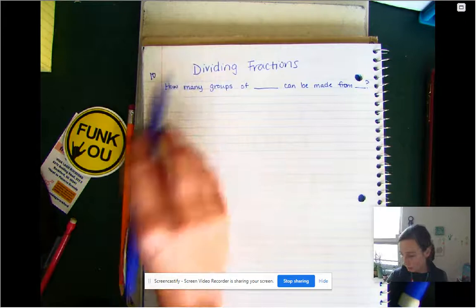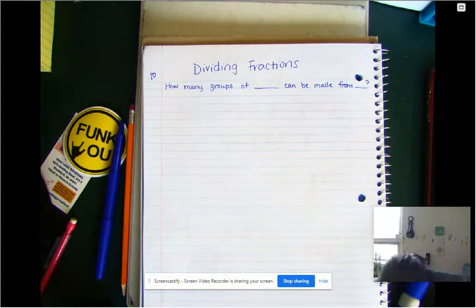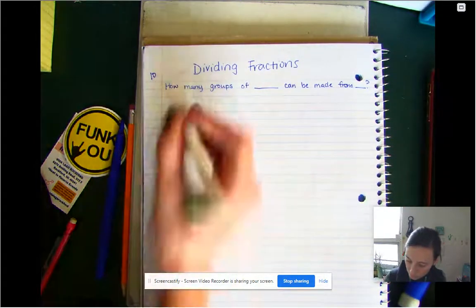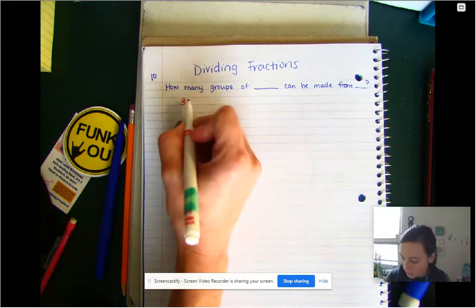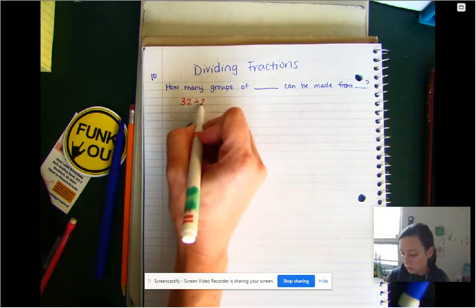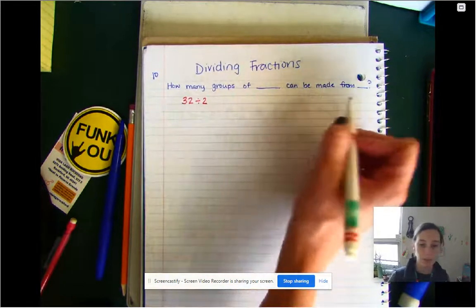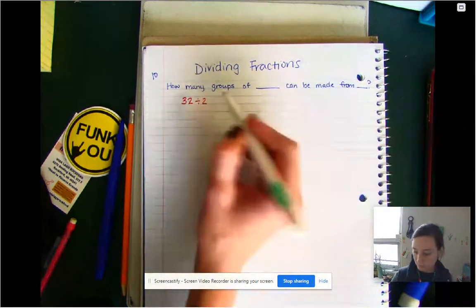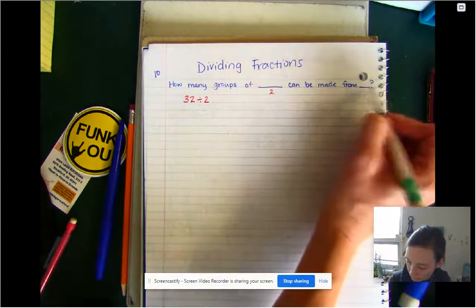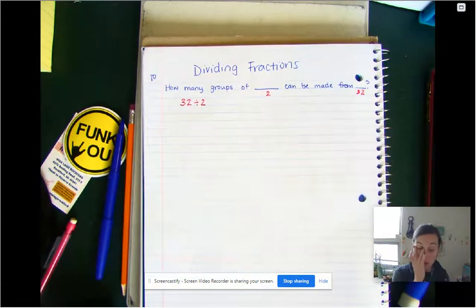So in the example 32 divided by 2, the question would be, how many groups of 2 can be made from 32? I'll write that under there. And the answer would be 16. I can make 16 groups.